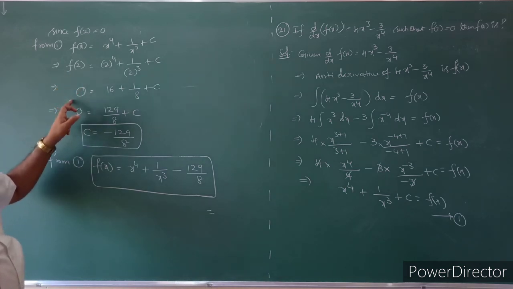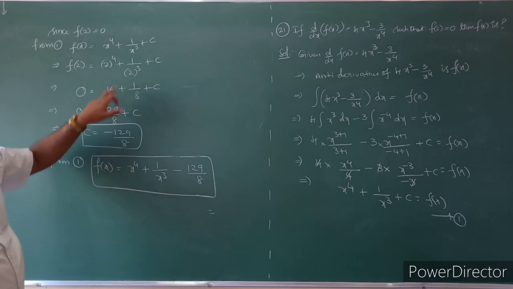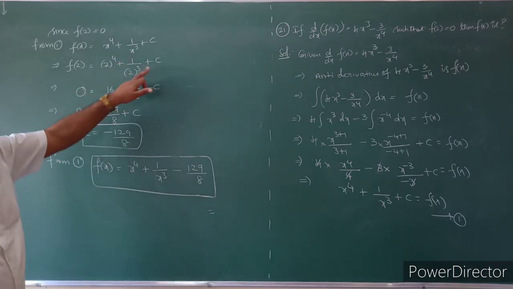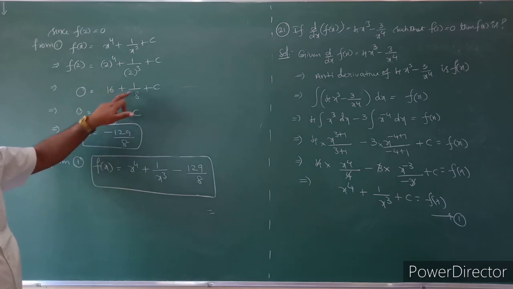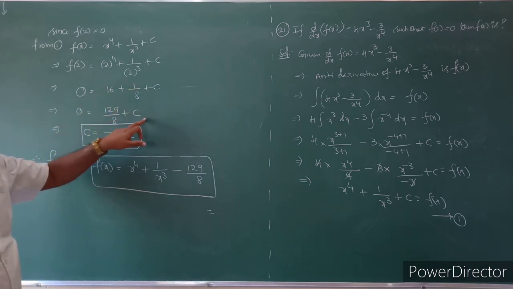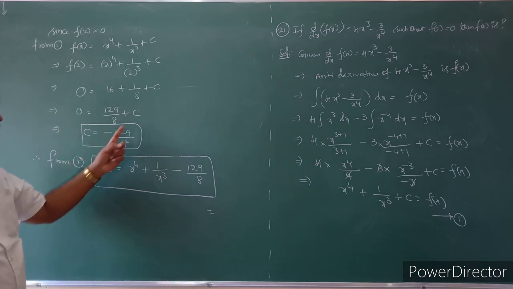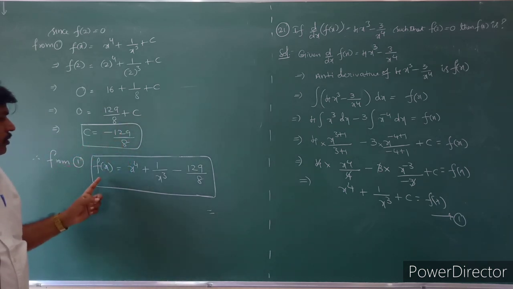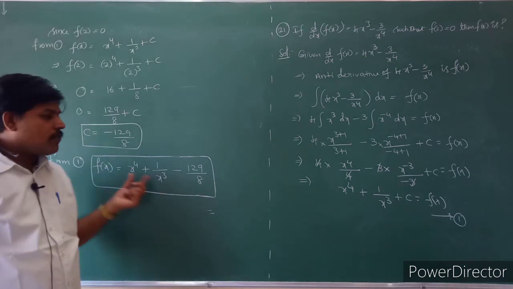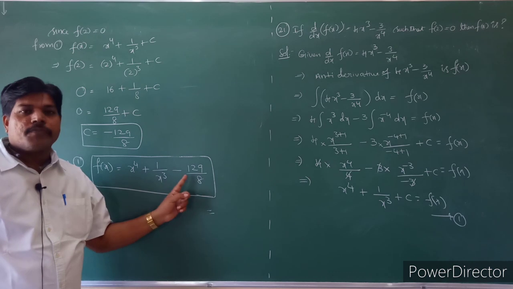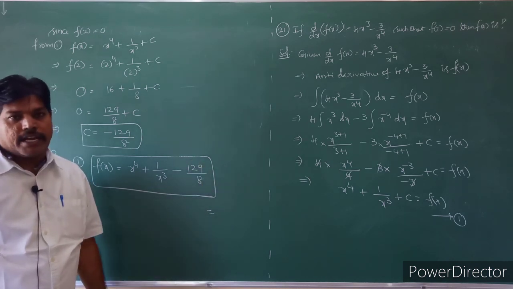So 0 is equal to 2 power 4, that is 16, plus 1 by 2 cube, that is 8. Take the LCM here, 8 into 16 is 128 plus 1, that is 129 by 8 plus c. So take this value to this side, c value is nothing but minus 129 by 8. Therefore f of x from 1 is x power 4 plus 1 by x cube plus c value, that is minus 129 by 8.